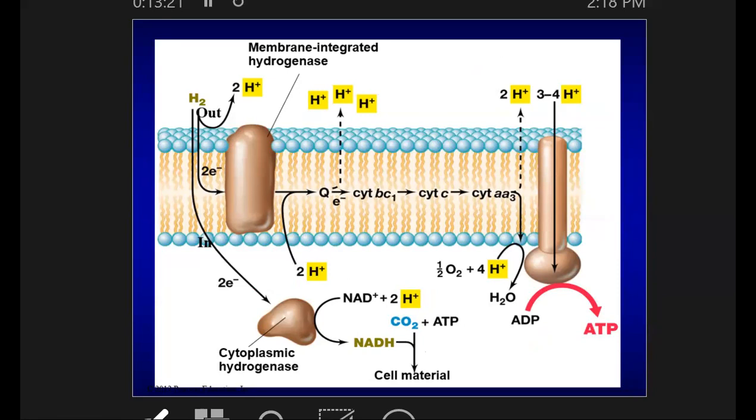Yep, and how is that proton gradient getting created? What's happening to create the proton gradient? Electron transport again, okay? So that's all accurate, what you all just said. All right, let's try an iClicker. Let's see if we can work through it.